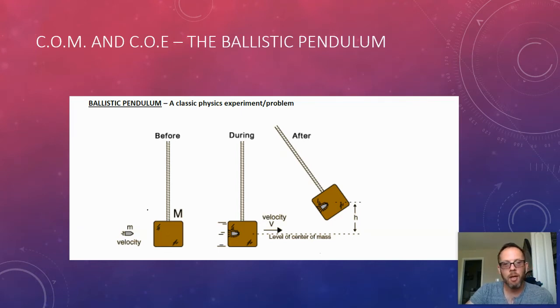But the big idea is we have to do problems like this in two stages. When there's a collision, we have the initial speeds right before the collision and right after. And then we'll have to analyze, using conservation of energy, how high the ballistics pendulum will get.